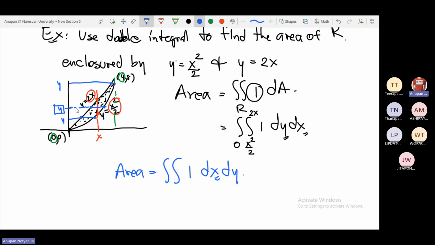Y is a constant, so we look at this line for y fixed here. The running number for x is from this point to this point. Then there is a point on the line. We need to figure out what x is equal to, so you need to solve this function for x. What is x equal to in terms of y?